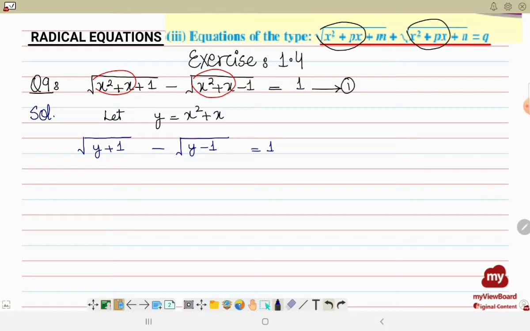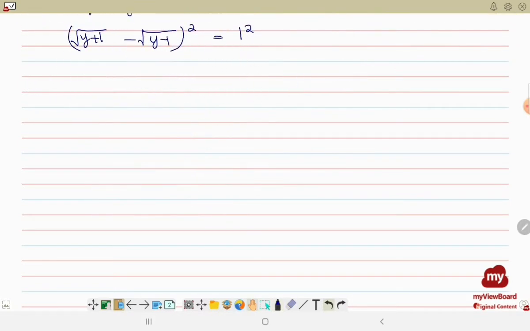So now we are going to remove the radical signs by squaring both sides. So (square root of y plus 1 minus square root of y minus 1) whole square, and on the right hand side we'll also take the square. So you see here on the left hand side we have a minus b whole square, the second algebraic identity.